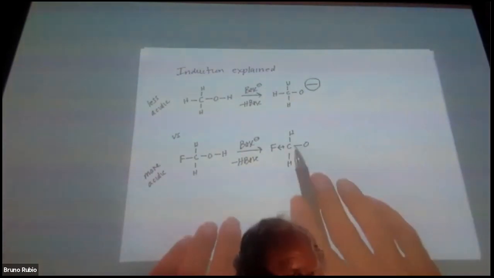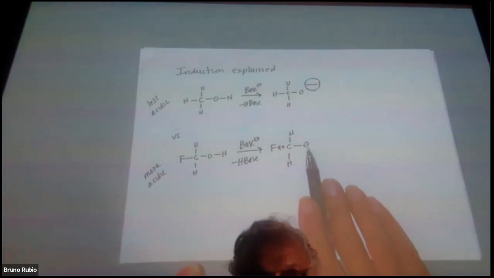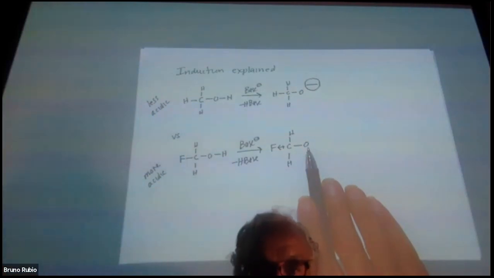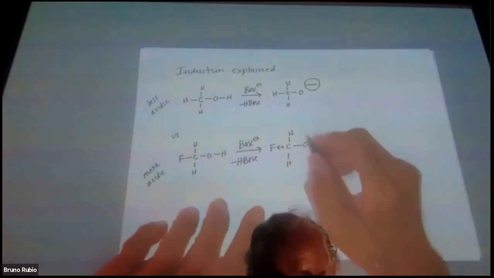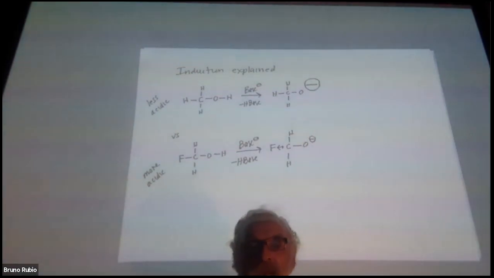Down here, that negative charge on this oxygen is now diminished by the fluorine, which is sucking electron density away from all of the atoms that it's bonded to. So the negative charge I'm going to draw here, I'm going to make it much smaller, right?